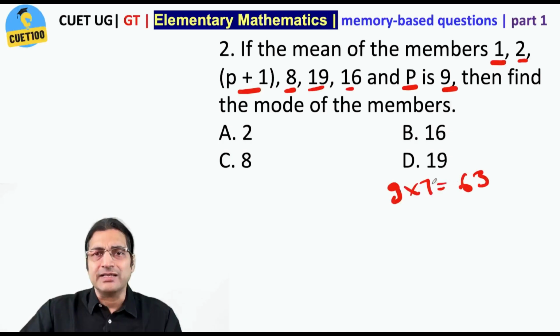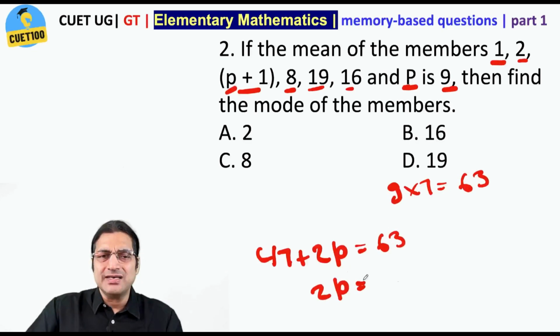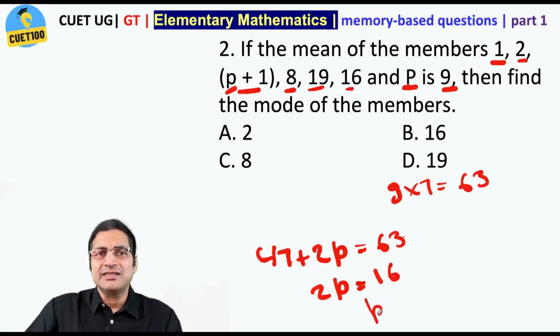Take the sum: 1 plus 2, 3, plus 1, 4, 8, 12 and 19, 31 and 16, 47, p and p. Oh, there are 2 p's. So we get 47 plus 2p is equal to 63. So 2p is 63 minus 47, that is 16. That gives us p is equal to 8.